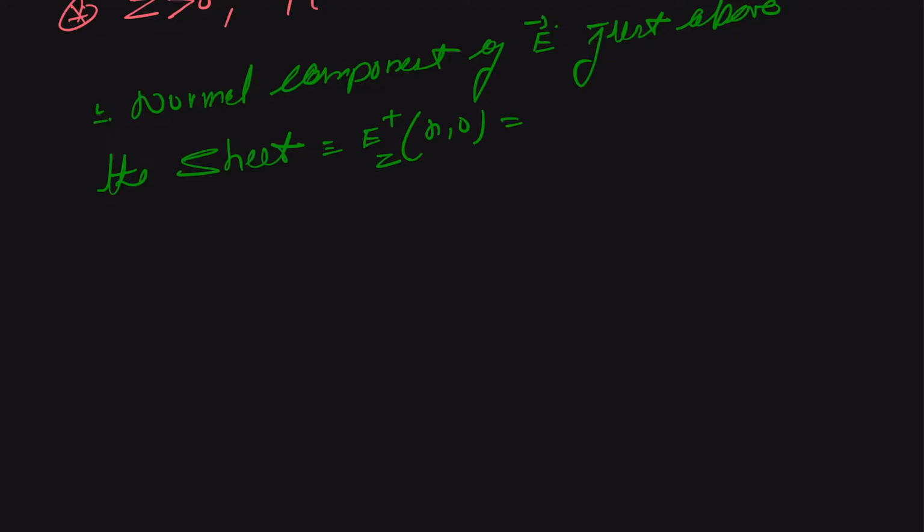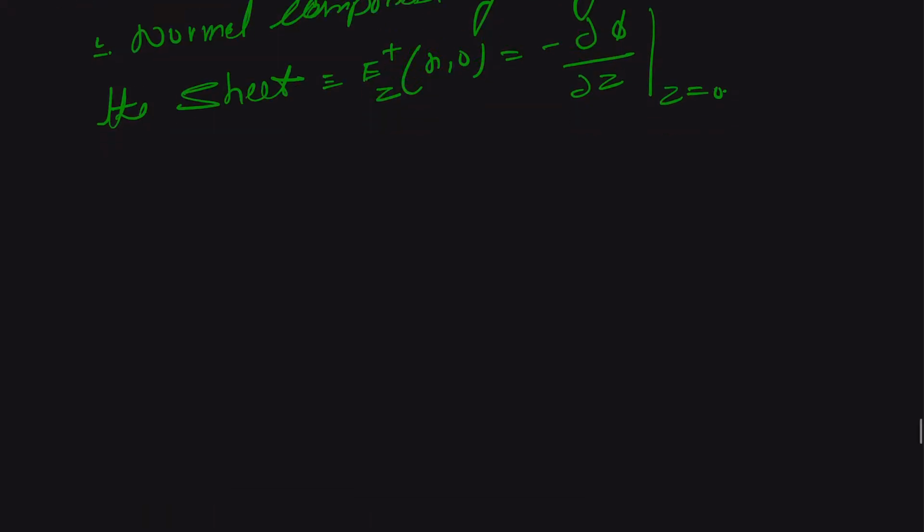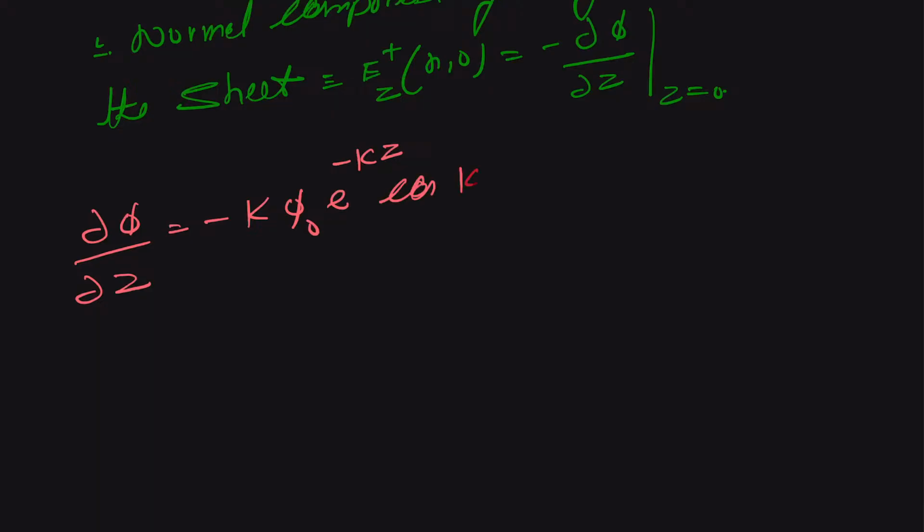So we get the partial derivative with respect to z at z equal to 0. Let us compute the partial derivative, and that we have already done also. So this comes as partial derivative with respect to z, which is minus k phi naught e raised to power minus kz cos of kx.